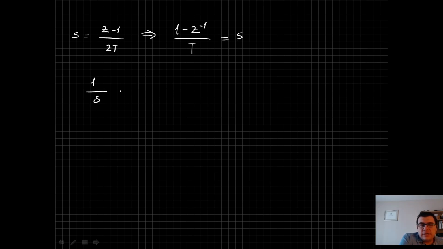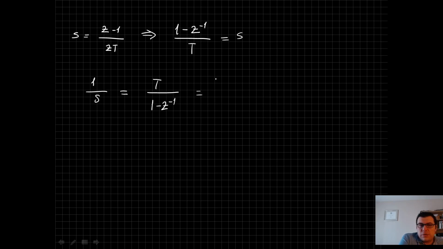So if you try to represent S with z minus 1 over zT, or 1 minus z to the minus 1 over T, if you divide everything by z, so if this was equal to S, then we can claim that 1 over S, that's the integrator, is nothing but T over 1 minus z to the minus 1, right?